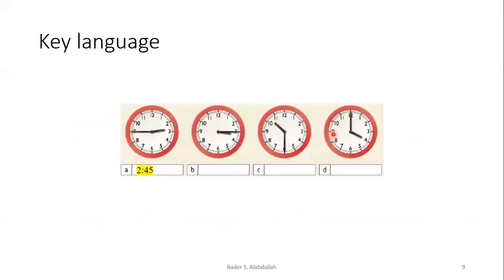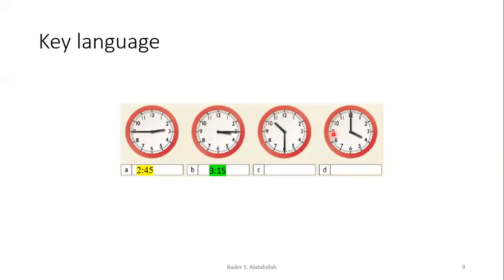Okay, now the key language, let's talk about time. All of you know time, you know how to express time, but let's go and review the prepositions that people use with time. Okay, you can see in these photos, these are pictures of some clocks, and that shows you the time.